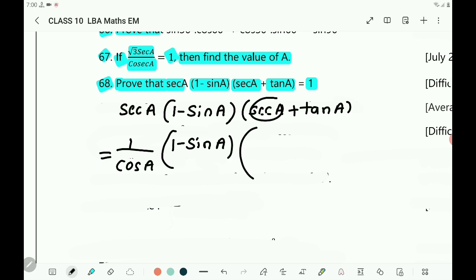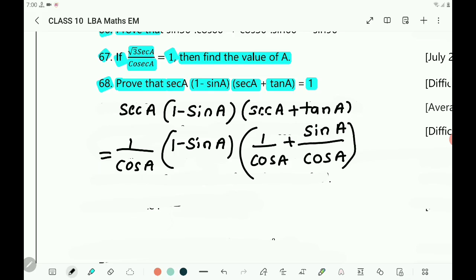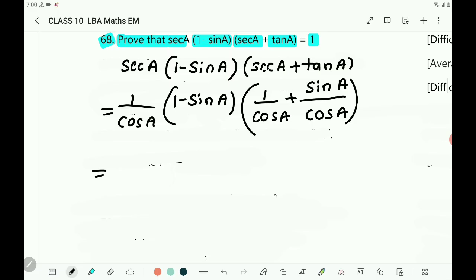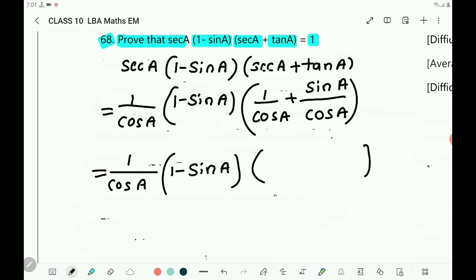Again here secant A is 1 by cos plus tan A is sin by cos, sin A by cos A, equals 1 by cos A into 1 minus sin A. Here you take the LCM.